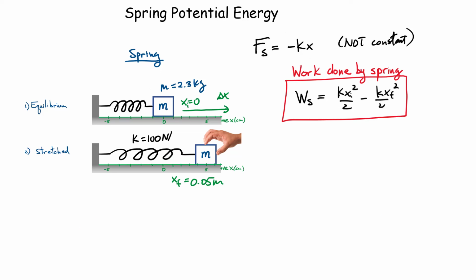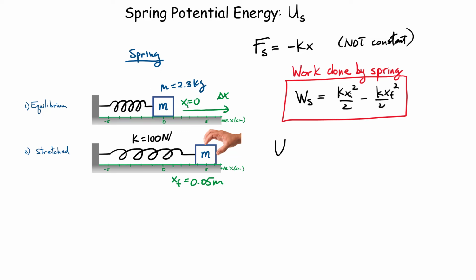All right, in the previous case, we showed that the work done by the spring could be written as this. It's the difference between these two values. Now I want to introduce the concept of potential energy stored in the spring. We're going to call the potential energy stored in the spring U, which is typically the letter you use for potential energy. And to remind myself that it's by the spring, I'm going to use this subscript right here.